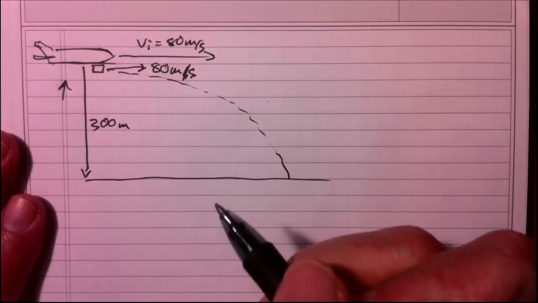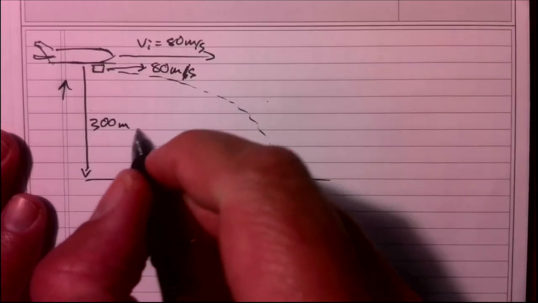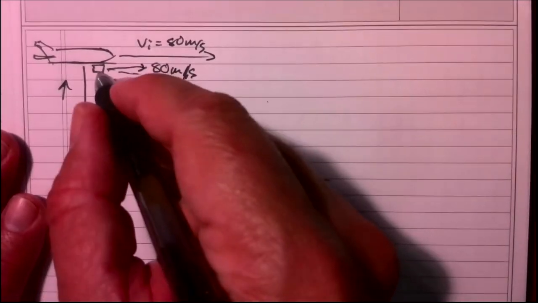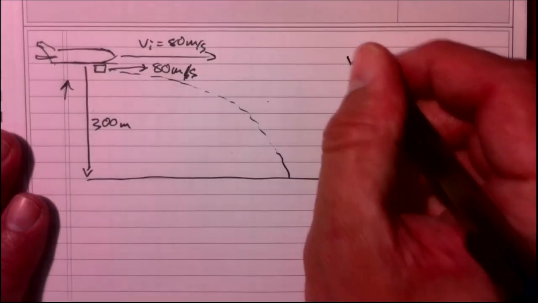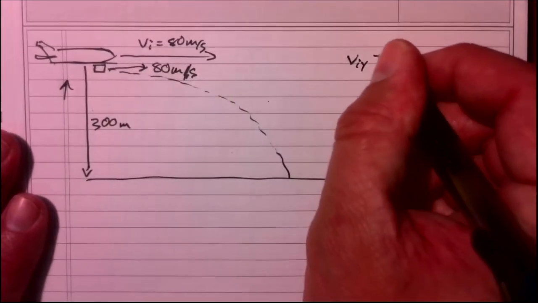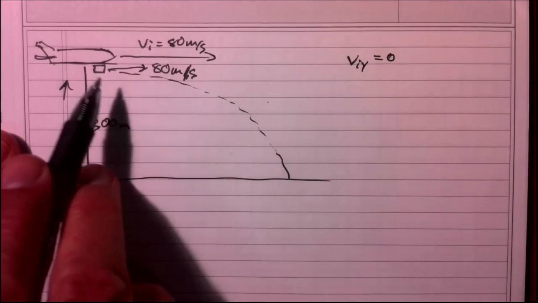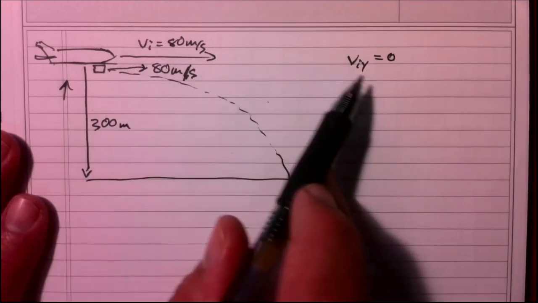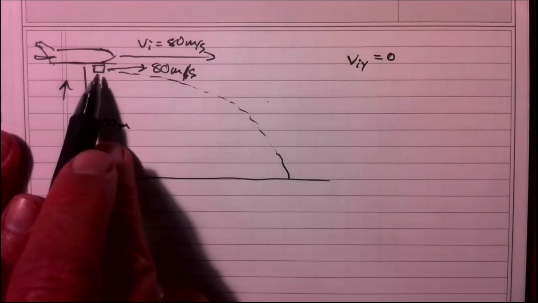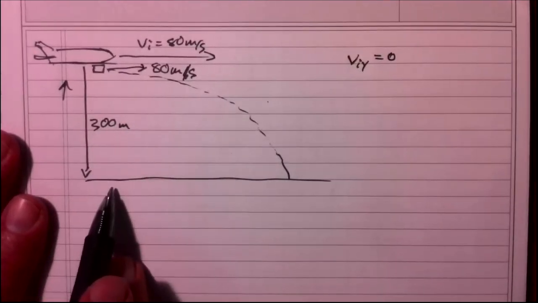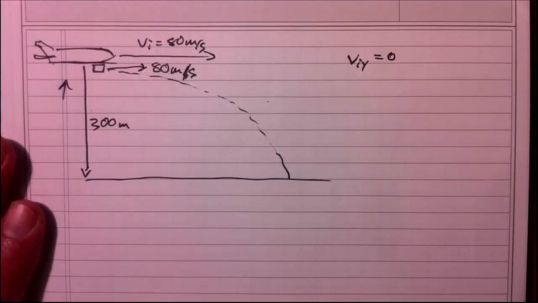The Y problem is easy because we have my package up here, and initially its y velocity is 0, because it's traveling completely horizontally. So we need to figure out how long it takes the package to fall to the bottom.